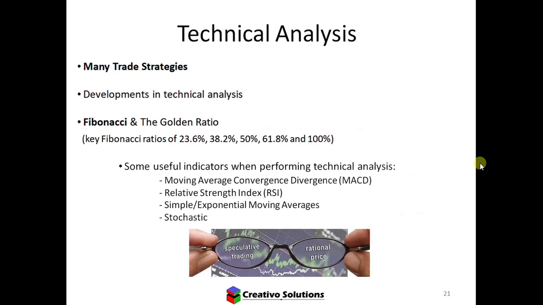You also have other measures like RSI, the relative strength index. You also have a simple or an exponential moving average. And then you have other measures such as stochastic, which is taking mathematics and statistics and applying it in practice when looking specifically at prices. We're trying to identify whether prices are increasing or decreasing.